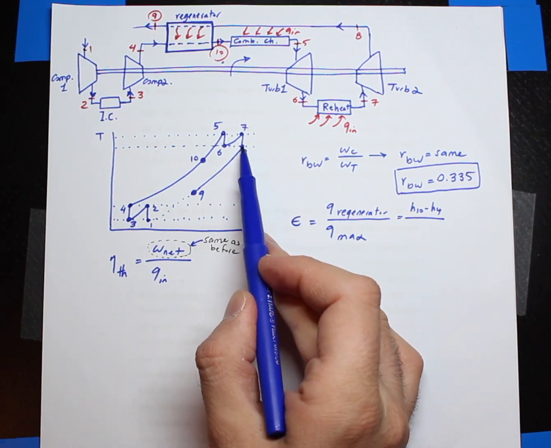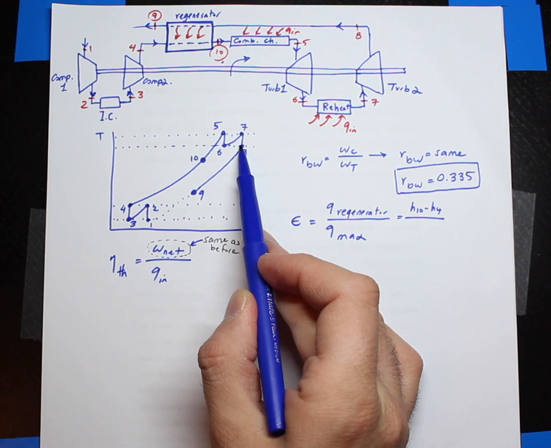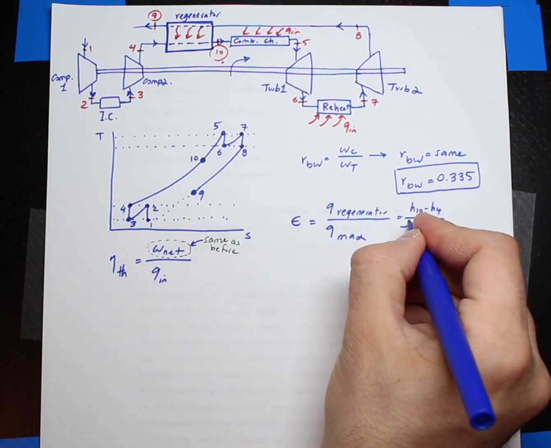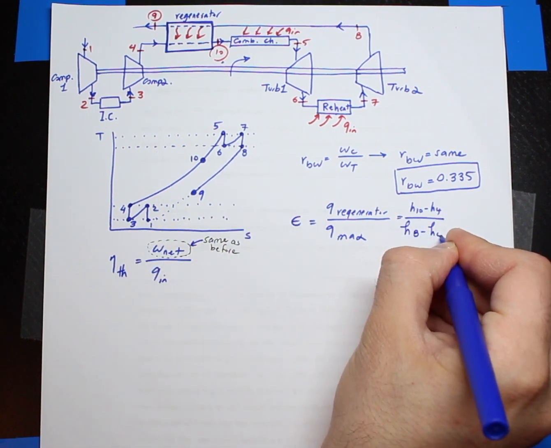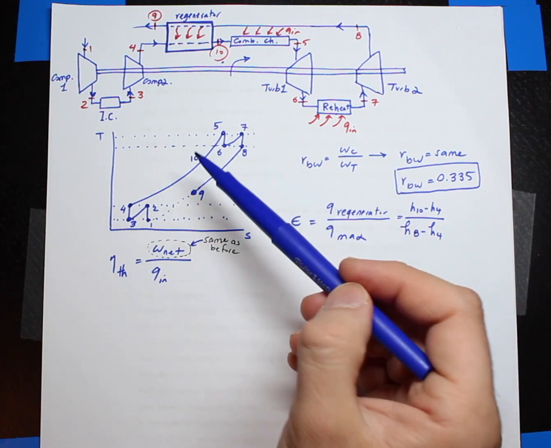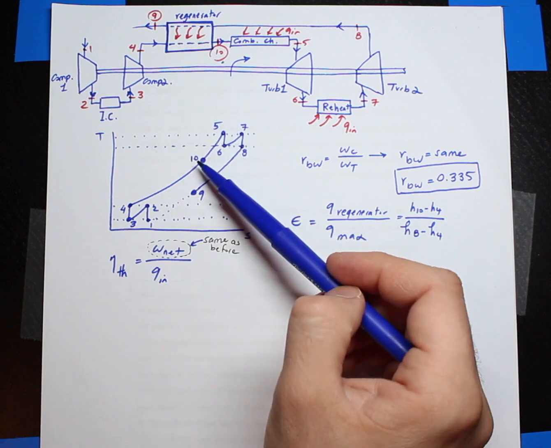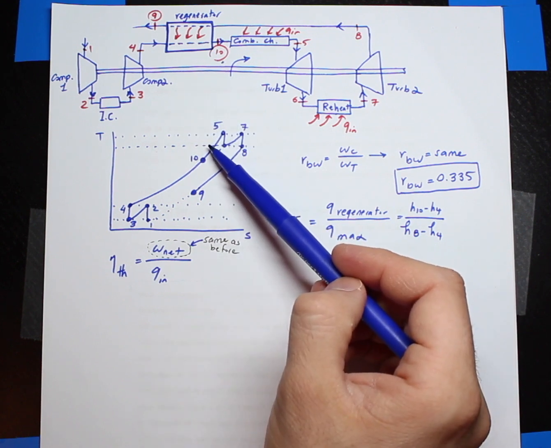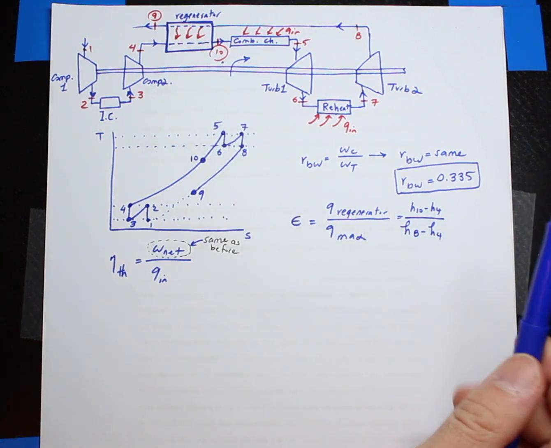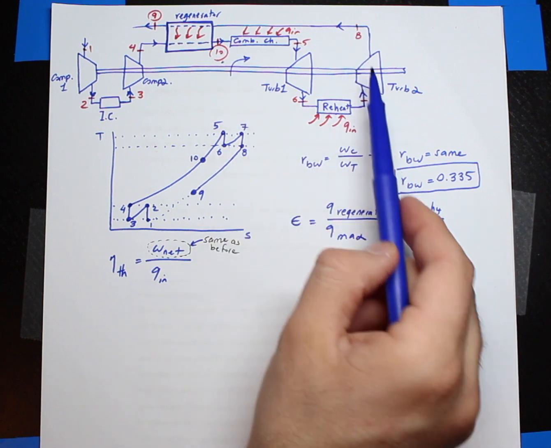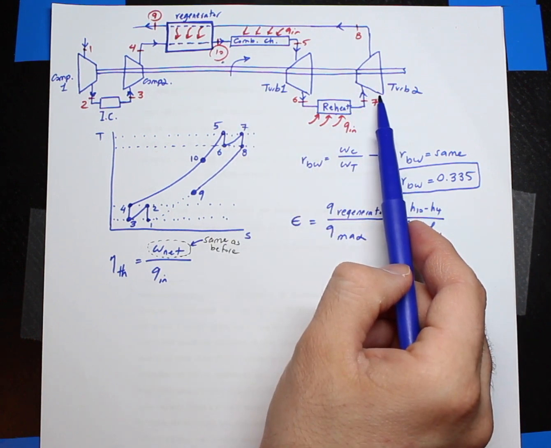Looking at the TS diagram, Q max is going to be H8 minus H4. Because the maximum this regenerator can increase the temperature is to raise the temperature equal to point 8. That is the maximum it can do, because point 8 is right after turbine number 2.